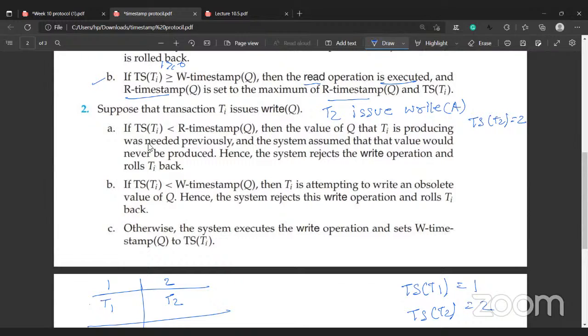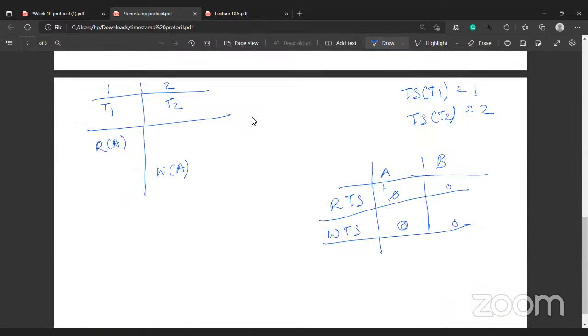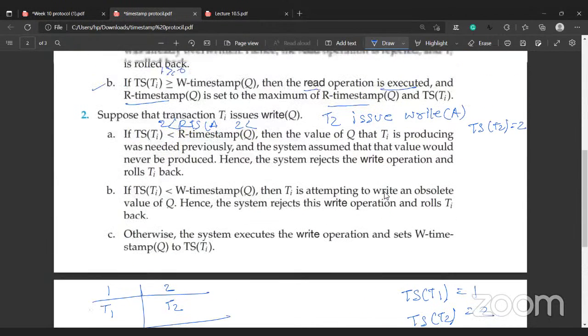Now we have to check whether the transaction timestamp 2 is less than the read timestamp of A. The read timestamp of A is 1. You can see 2 less than 1 is false. Then we go to the second condition.